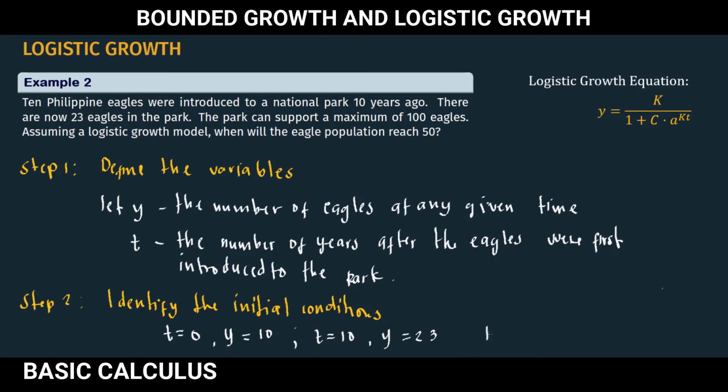And also, we have the carrying capacity, which is stated in the problem: the maximum number of eagles that the park can support, which is equal to 100 eagles. So we now have our first initial condition, our second initial condition, and the carrying capacity.